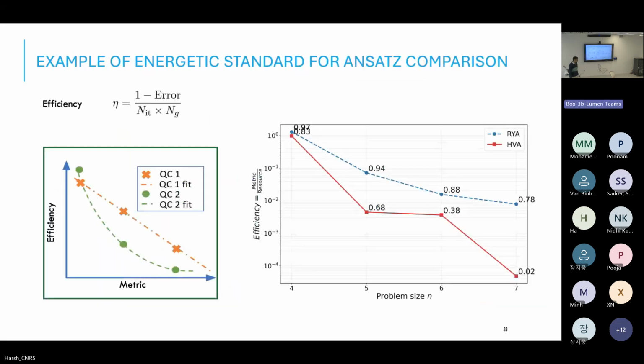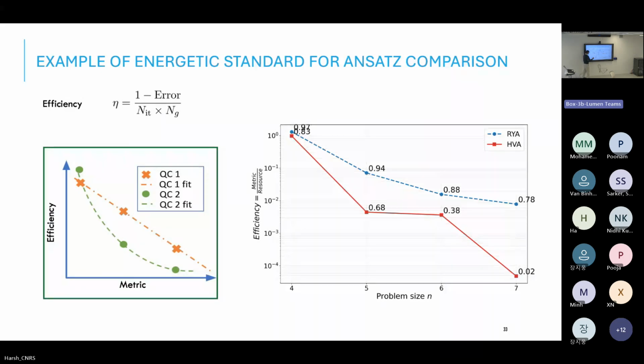So this allows us to compare two quantum computers. Shown here is, let's say, QC1, a type of quantum computer, and QC2, another type. If I were just to look at one point of this, I would say that QC1 is more efficient than QC2. Sorry, QC2 is more efficient than QC1.